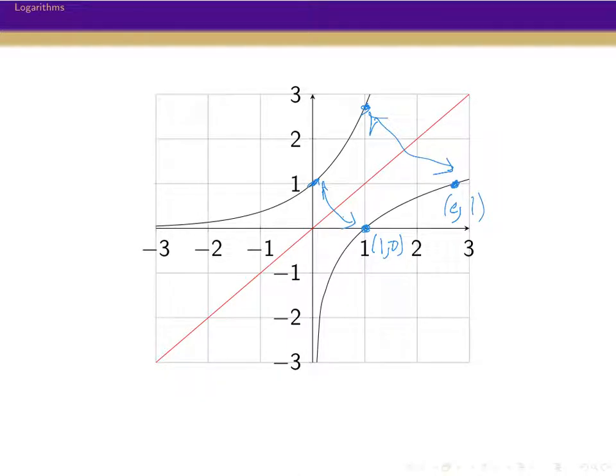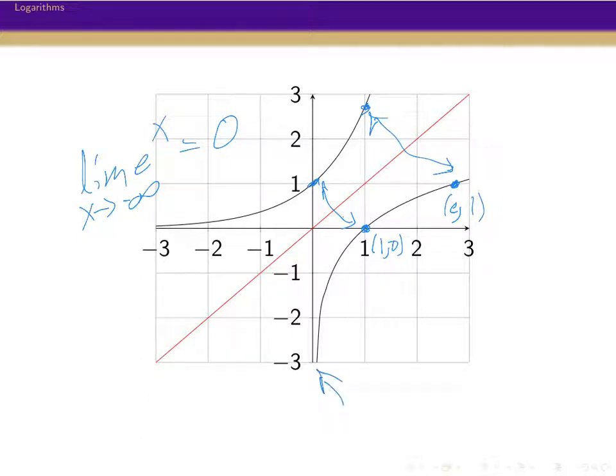Okay, and so this is the graph of the natural log. One thing to note: in e to the x, the limit of e to the x as x goes to minus infinity is equal to 0. So e to the x has a horizontal asymptote at 0. A horizontal asymptote, when we flip it, becomes a vertical asymptote.